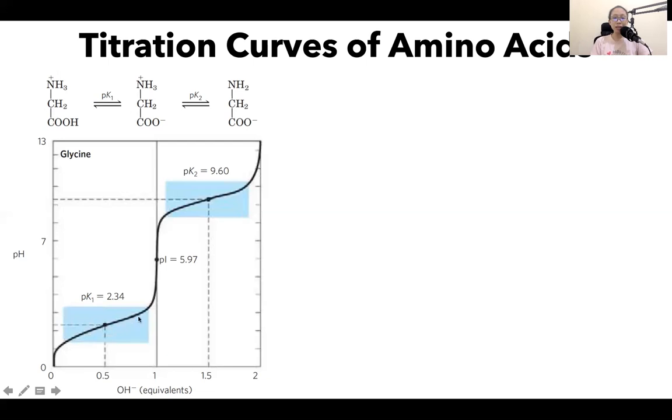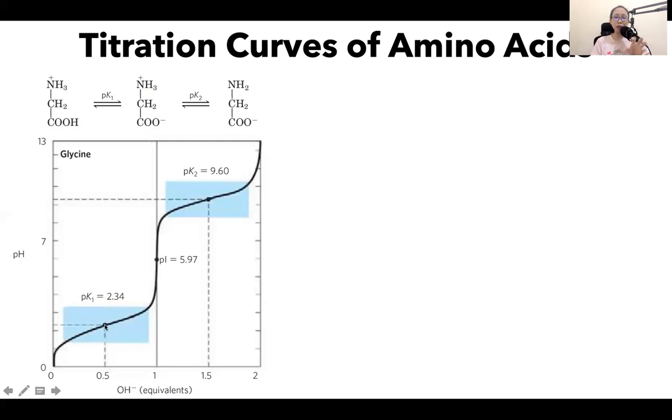Specifically at the pK1 point here, we have equal amounts of the Zwitter ion and the positively charged glycine. Prior to the pK1 point, in this region, we have more of the positively charged glycine and a little bit of the Zwitter ion.